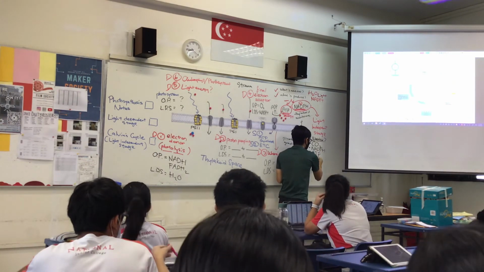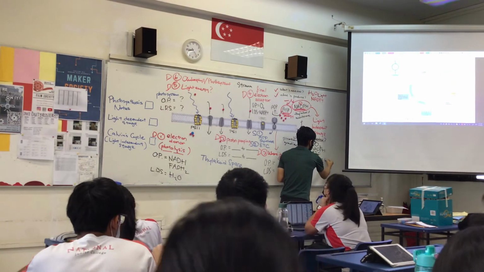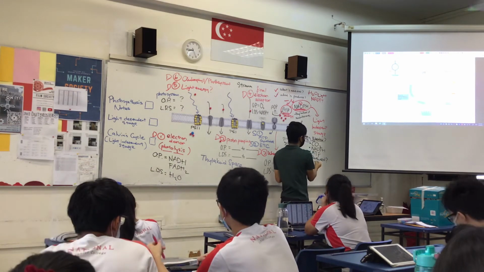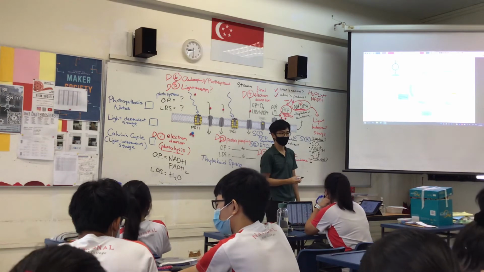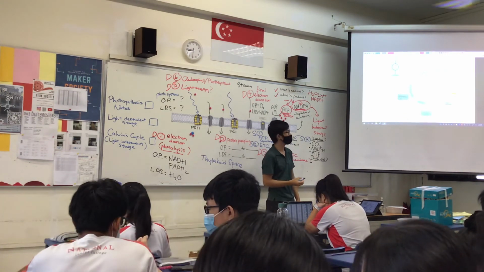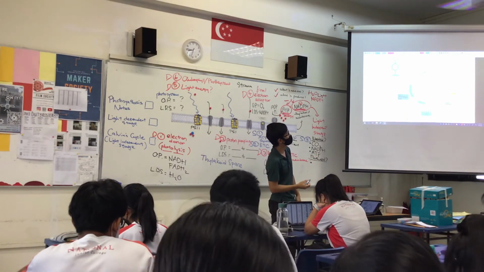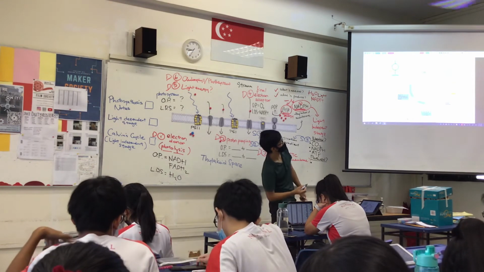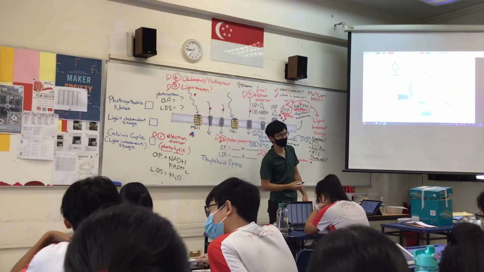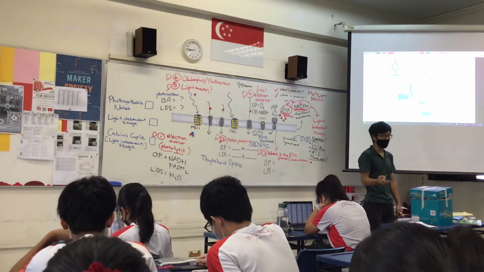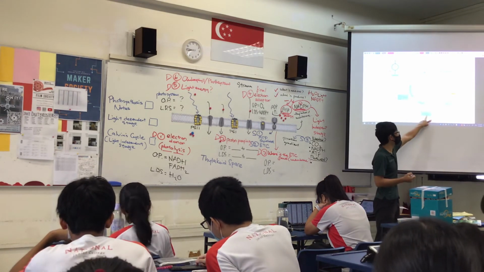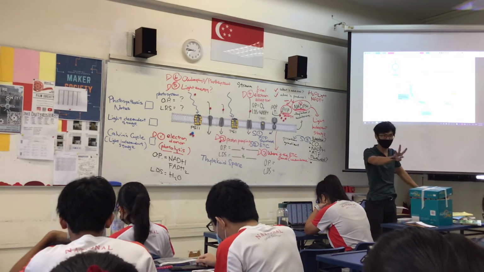So what is produced? What is produced from the light independent stage? Okay, for those that are reading, what is produced is this sugar that's made out of just 3 carbons.